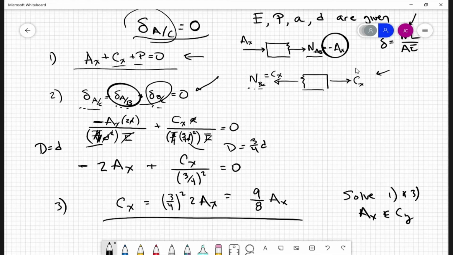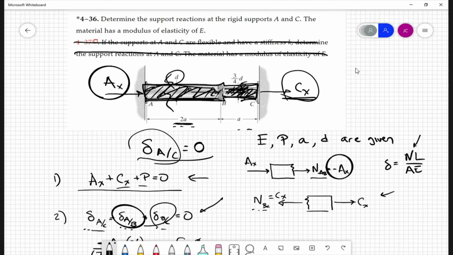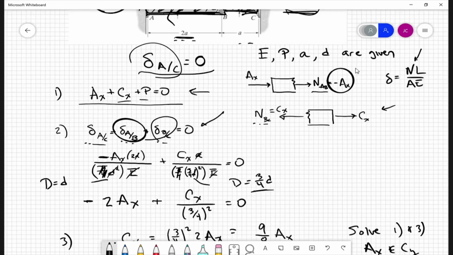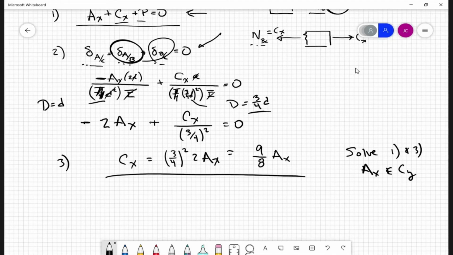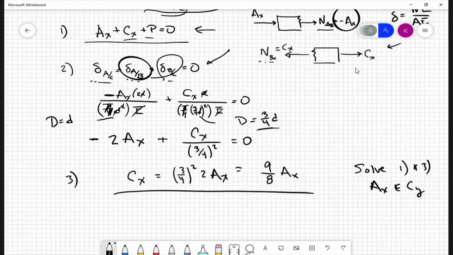So the pi over 4 d squared cancels out, but underneath the CX term, you still have the 3/4. See, they're different areas. It's just that they're using it in terms of that variable d. Okay, thank you. Sure.